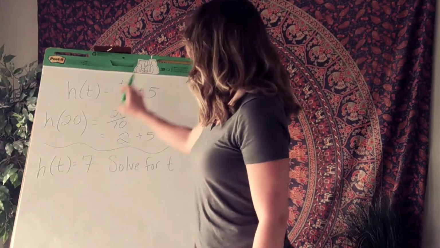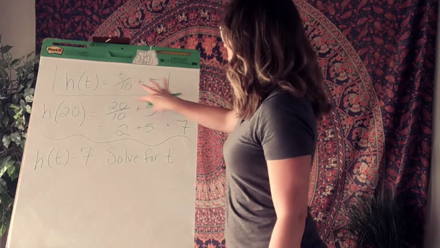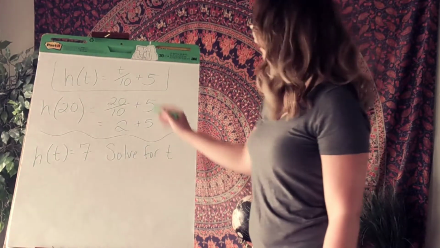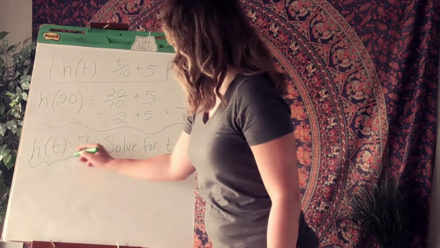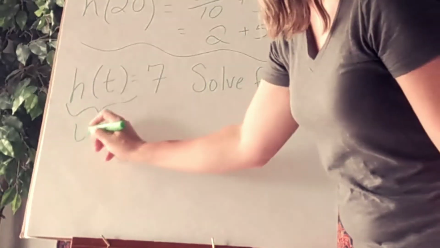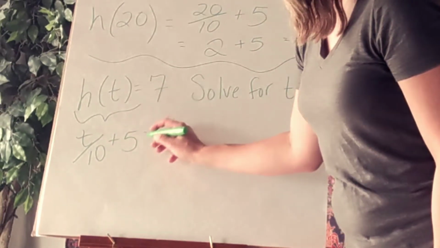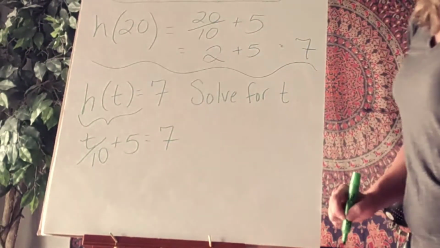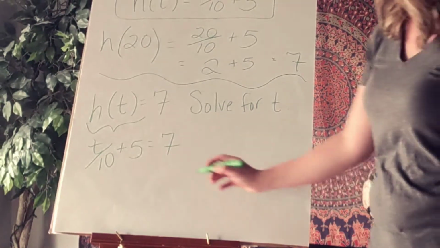So, I know my function h of t is equal to t over 10 plus 5, okay? So I'm going to substitute on this side in place of h of t, I'm going to rewrite this function. T over 10 plus 5 equals 7. Now it makes sense. Now I can go through this and use algebra to solve for t.